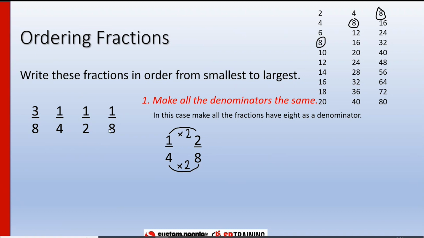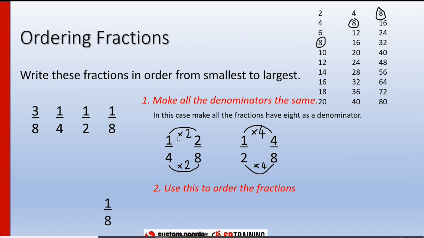So we can see where that would fit in after the 1/8 and before the 3/8. And with the half, I multiplied the 2 by 4 to get to 8. So I'm going to do the same with my numerator. 1 times 4 is 4. So that's 4/8. And by doing that, I can then put these in order, going from 1/8, then a quarter, which is 2/8, 3/8, and finally I've got a half.